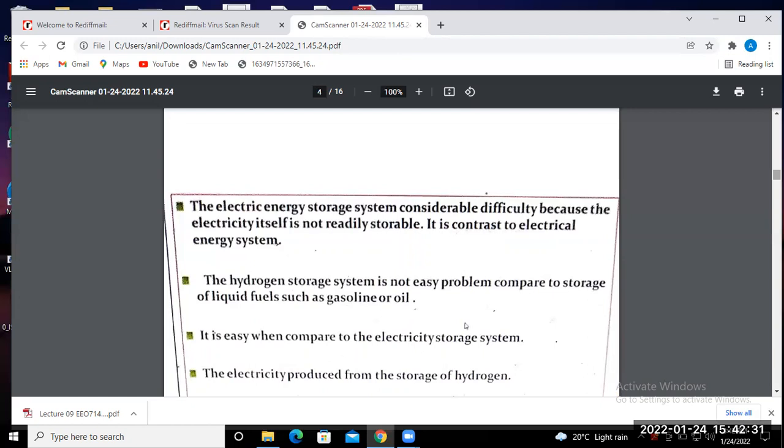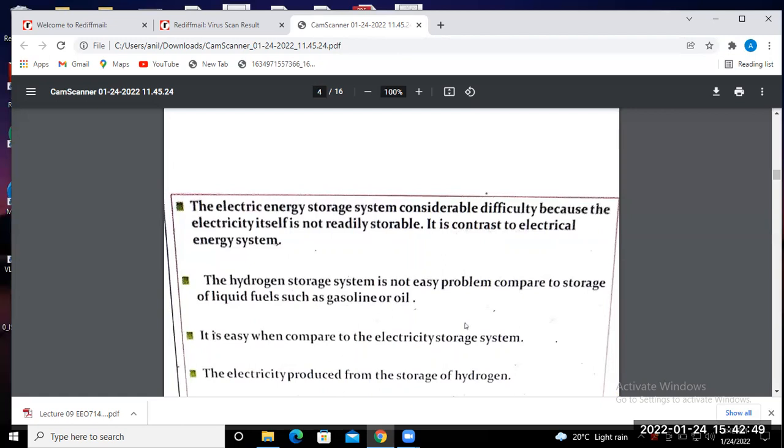So the hydrogen storage system, as we know, is a main factor for electrical energy storage. Hydrogen storage is not an easy problem compared to the storage of liquid fuel such as gasoline or oil.